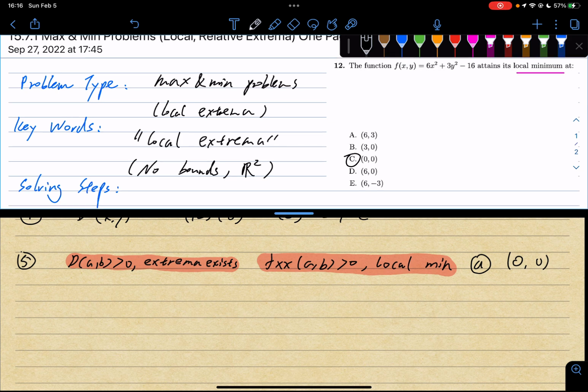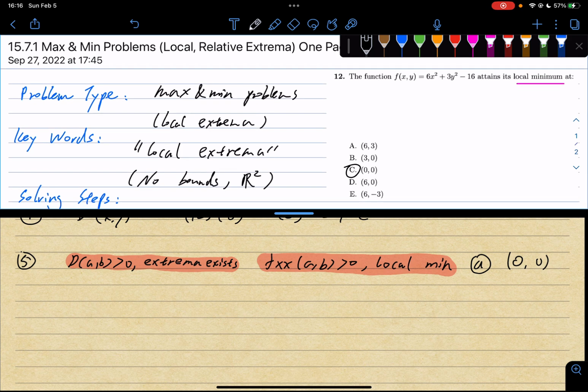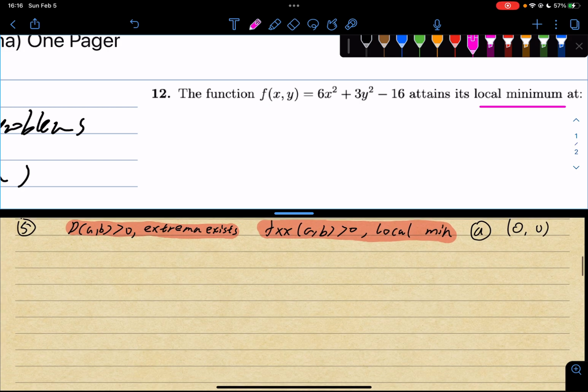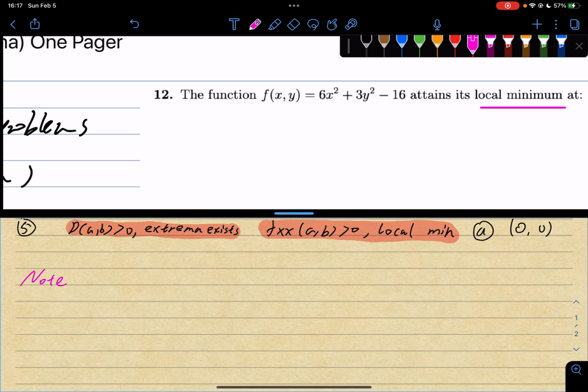Well, actually, I just showed you how to apply the second derivative test for any type of problem that's asking you local extrema. But for this particular problem, I want you to take a look at the equation. What is this? This is a paraboloid, centered around (0, 0).